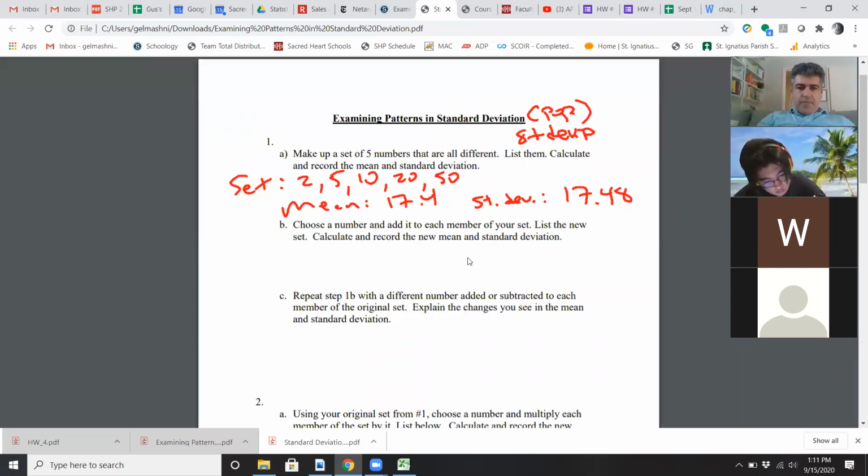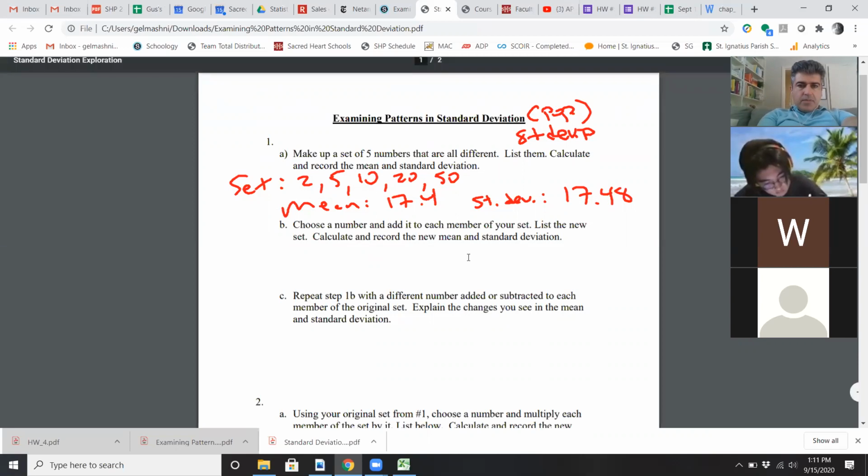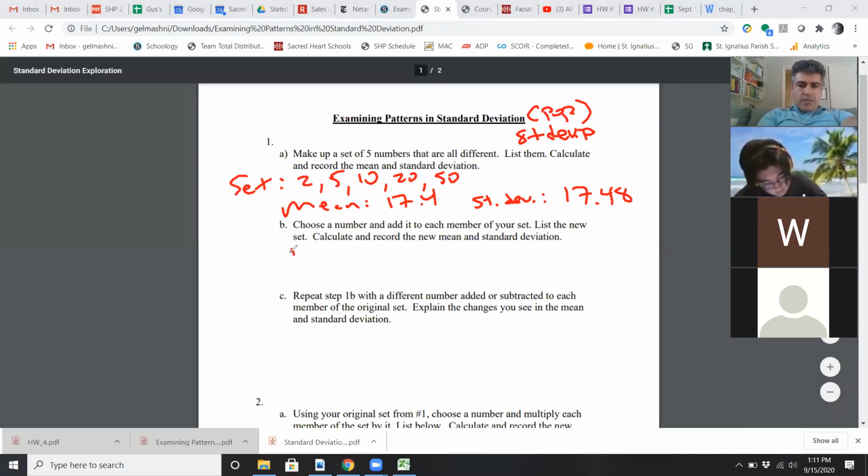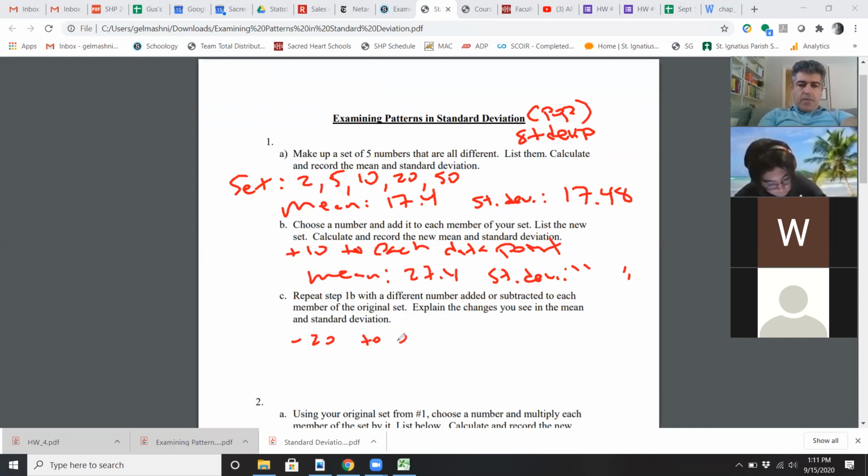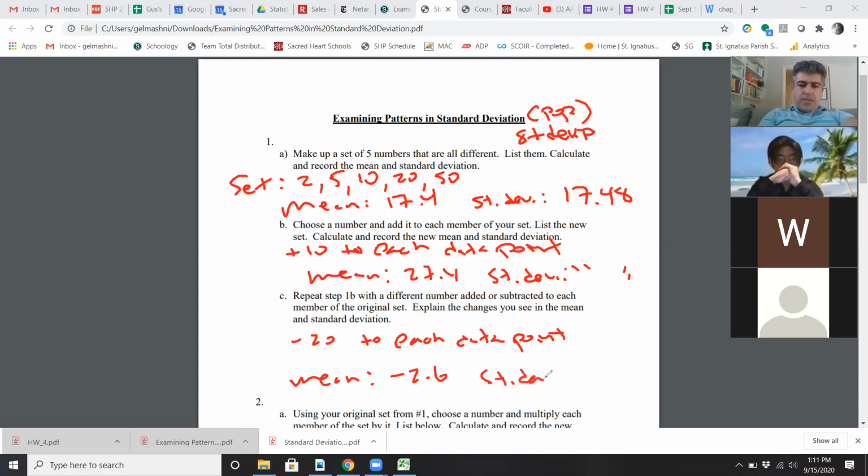We did see standard deviation was the same in here. Was negative 2.6. Standard deviation stayed the same.